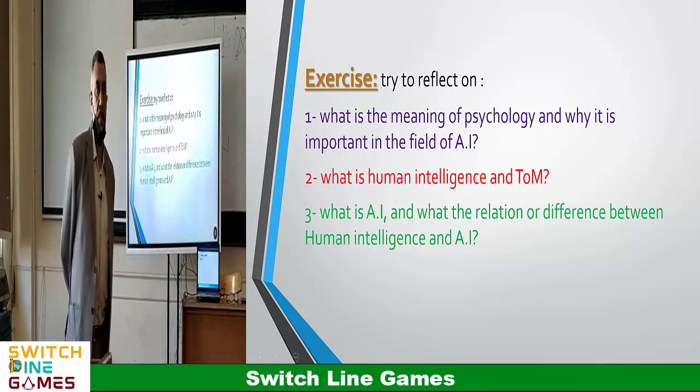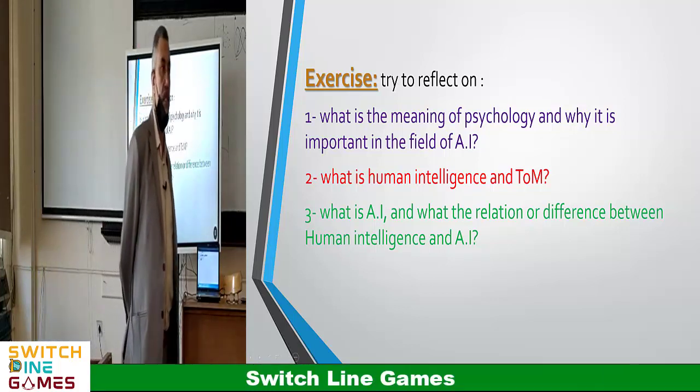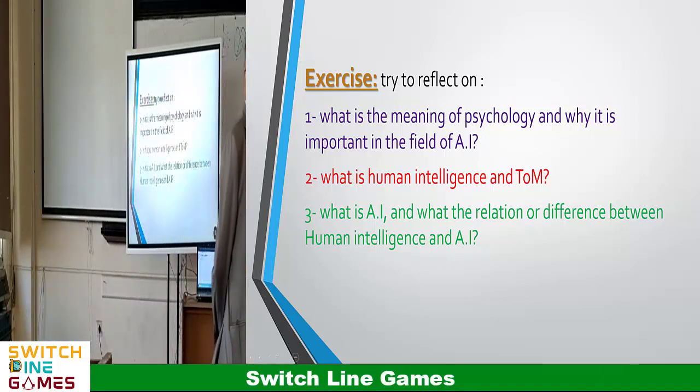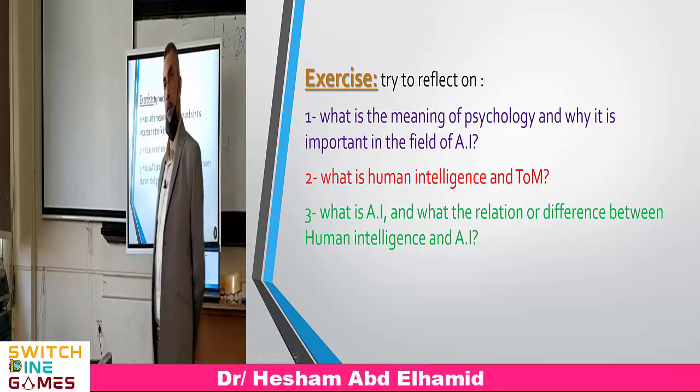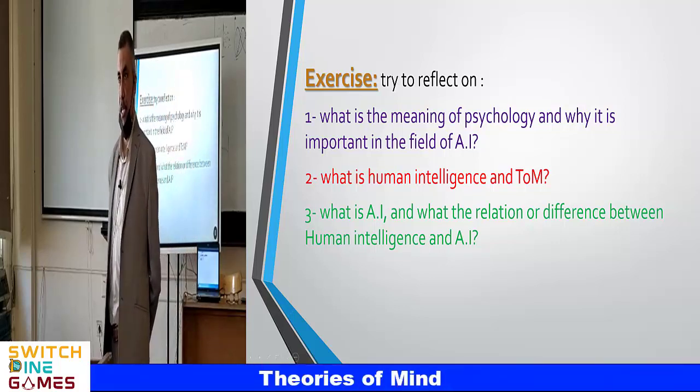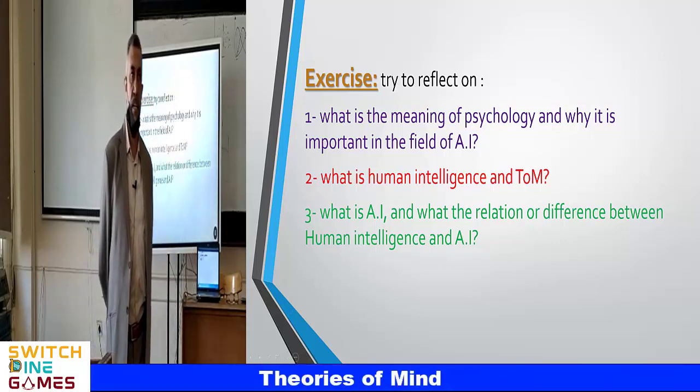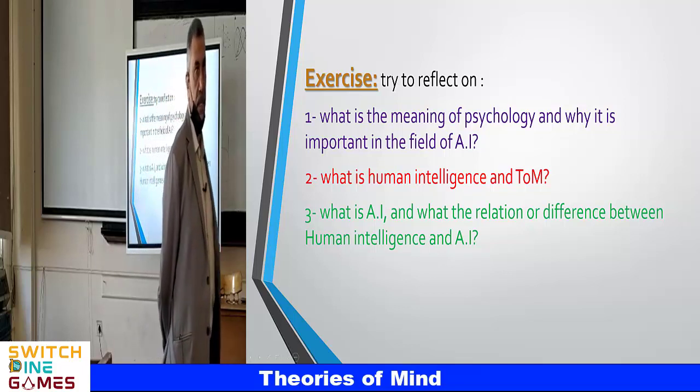What about the examples of overt behavior? So we have three main subtypes. Number one, verbal communication. What's the meaning of verbal communication? It means expressing yourself by talking and speech.